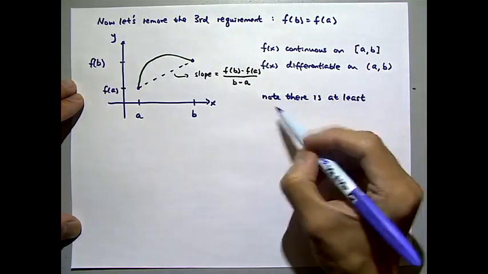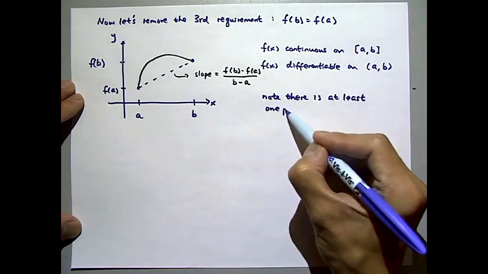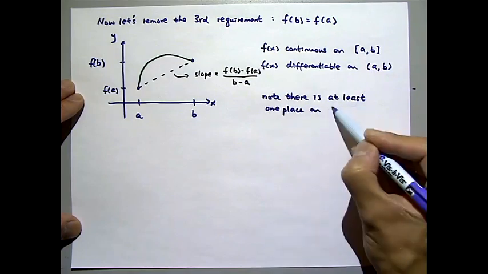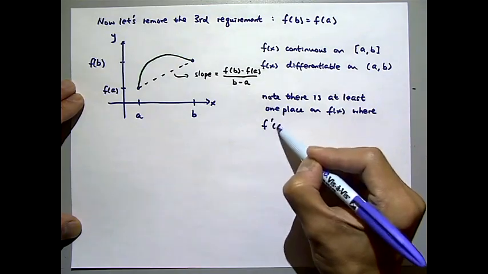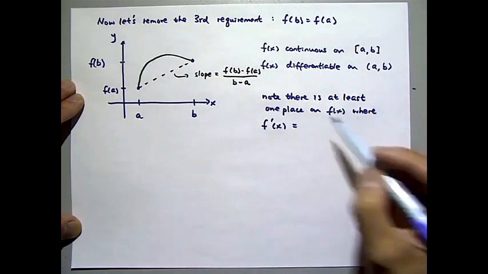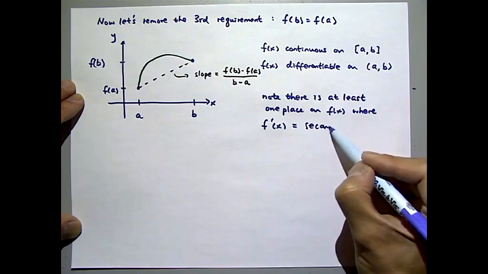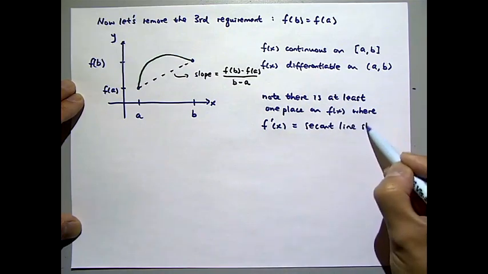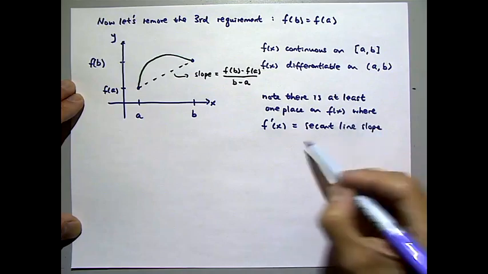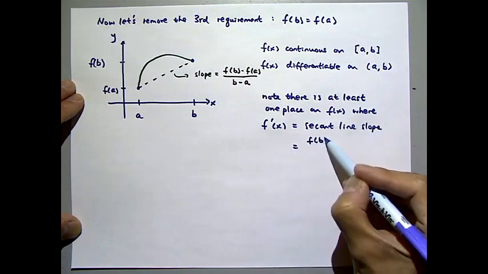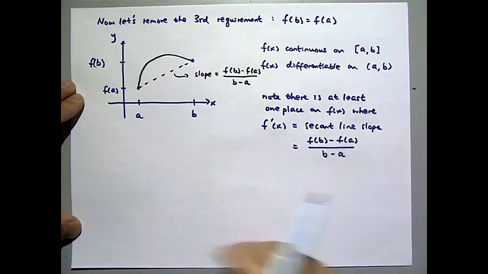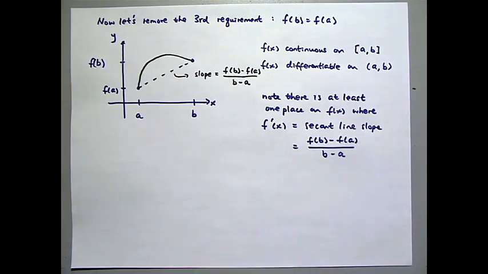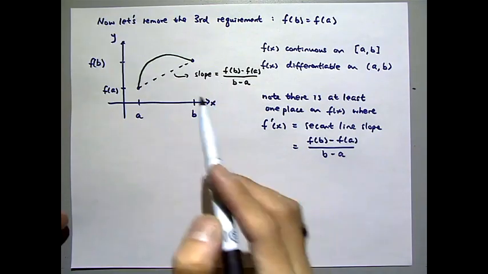Notice that there's at least one place on the graph where the tangent line slope is equal to the secant line slope. And on this graph here, we can kind of eyeball that.